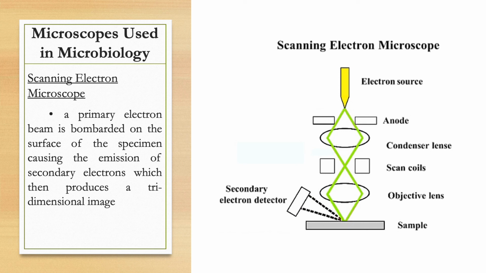Now this gives us a resolving power that is actually weaker than the transmission electron microscope at only 0.005 micrometers. However, if we compare this to our bright field microscope, this is actually still much greater.